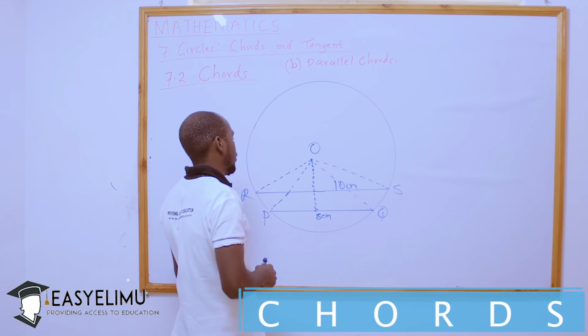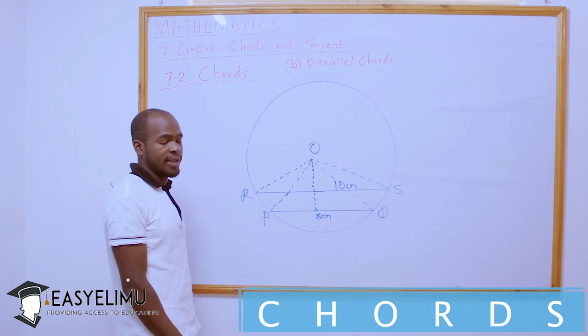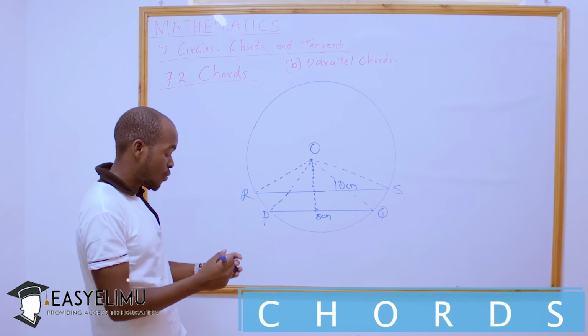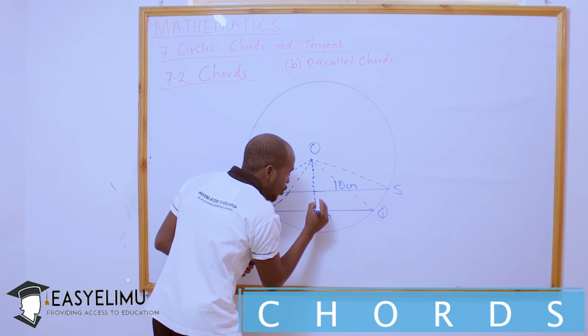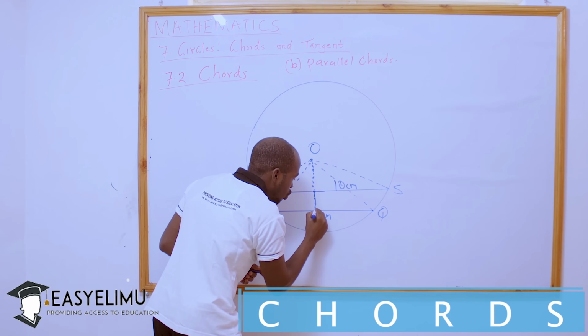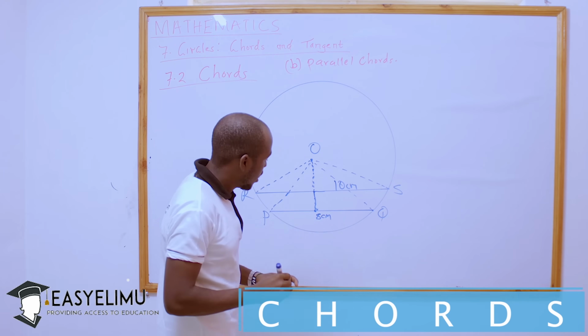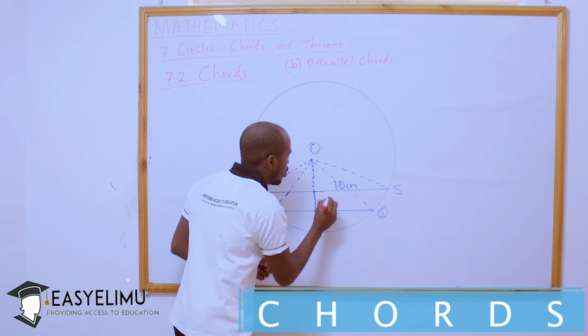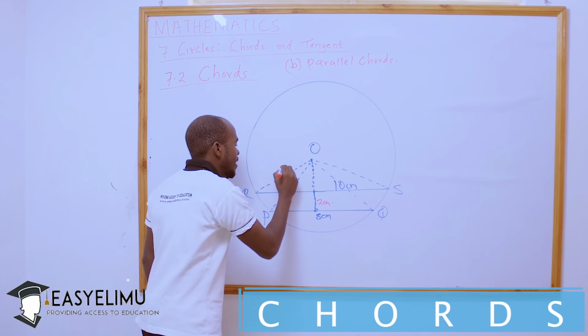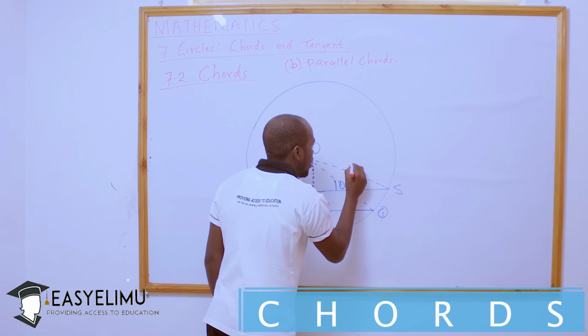Mine is not drawn to scale, it's like a sketch, which I want to use to calculate whatever I'm giving out. I know the distance from this point to here is 2 centimeters. I need to calculate the radius r, which is what I'm missing.